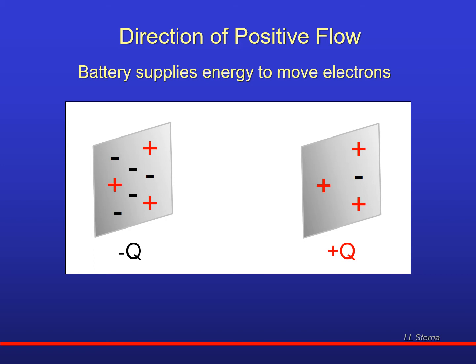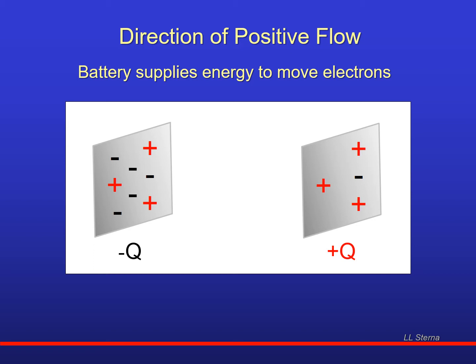The point is, what happened? What happened was negative charges went from the right side to the left side. But if we look at a piece of metal, we can't see those electrons. We can't see those nuclei.